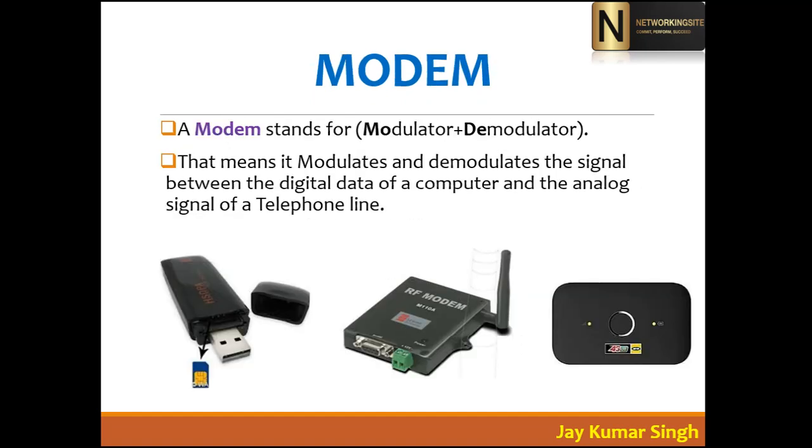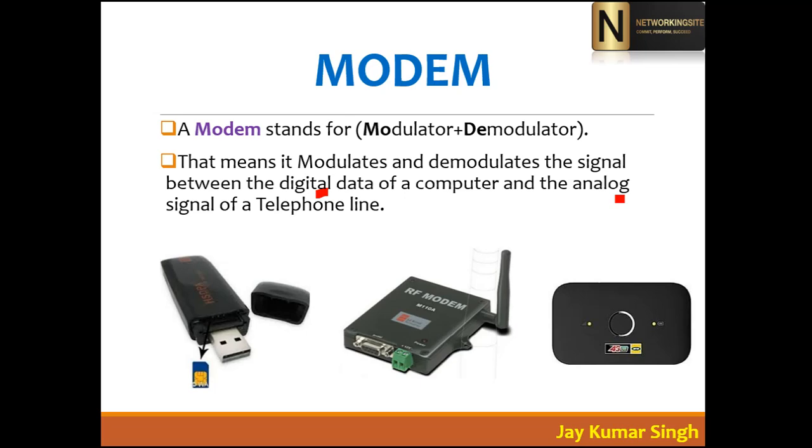Now, modem. So what is a modem? A modem is used for converting signals. We have two types of communication signal: one is digital and the second one is analog. Normally inside an electronic device we use digital communication.